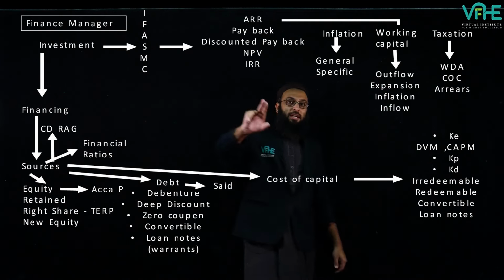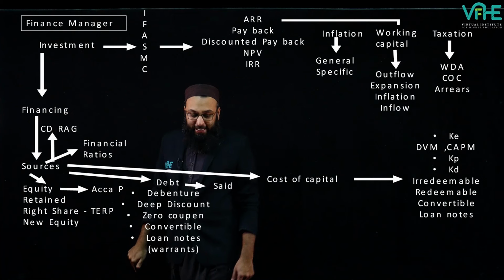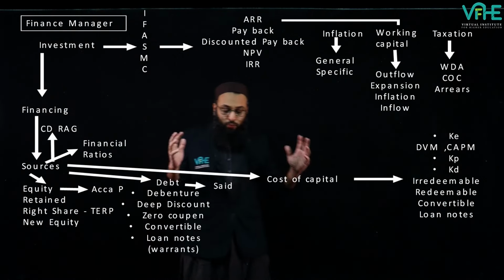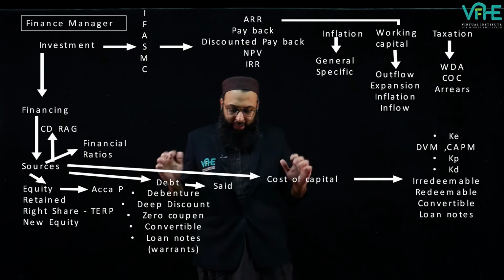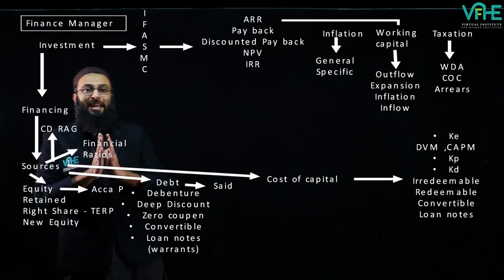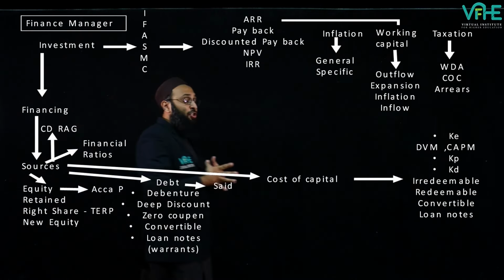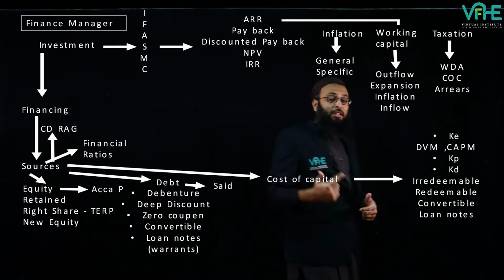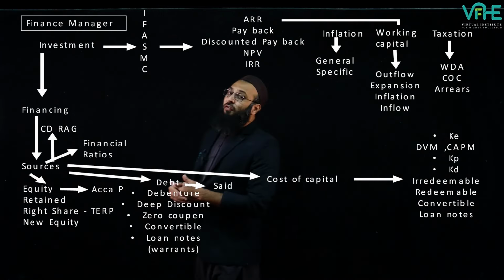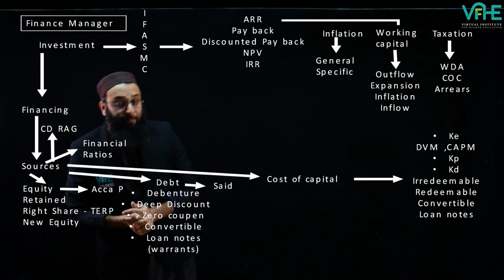Guys, you need to remember what is risk-adjusted cost of equity. It's a very simple answer: when the business risk of the investing company and the project will change. If there is a change in the business risk of the investing company and the project, you will go for risk-adjusted cost of equity.